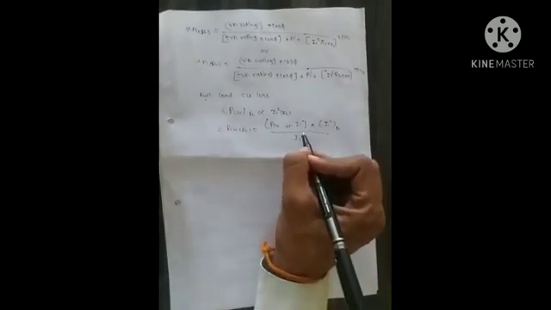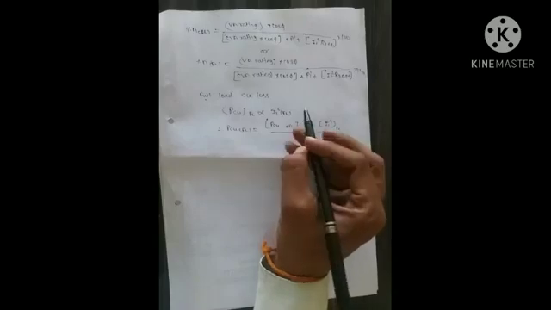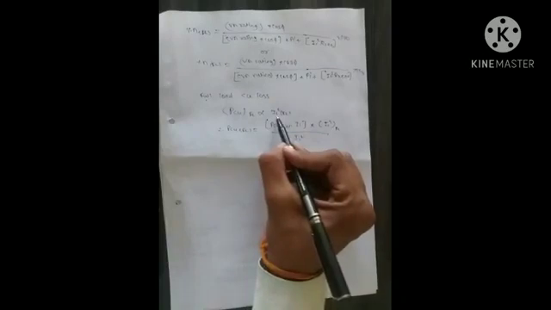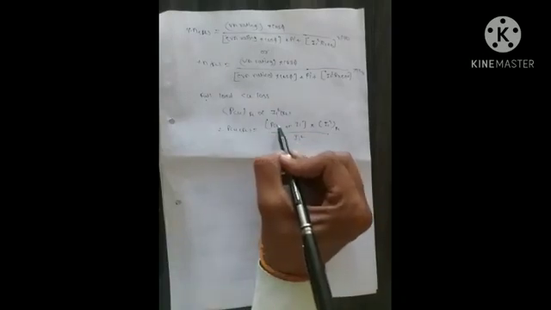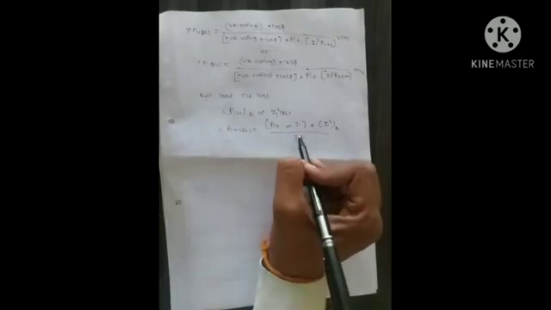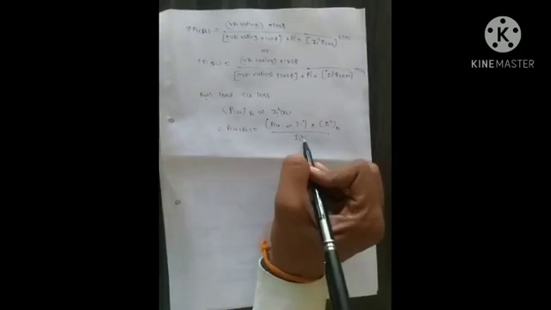Here PCU full load is equal to the copper loss at full load, and I1 square is the square of the primary full load current. PCU on full load is the copper loss in the primary winding, and I1 square is the square of the primary current.